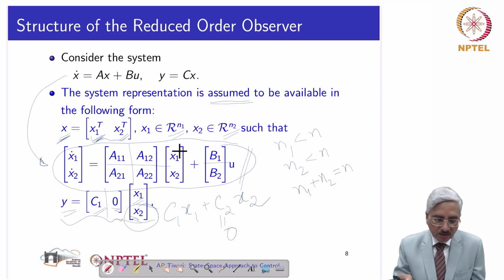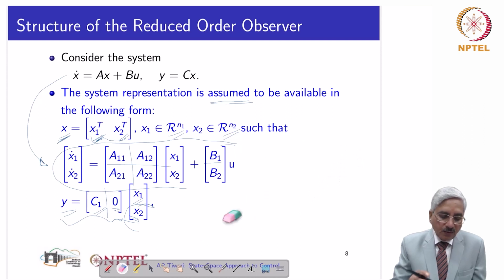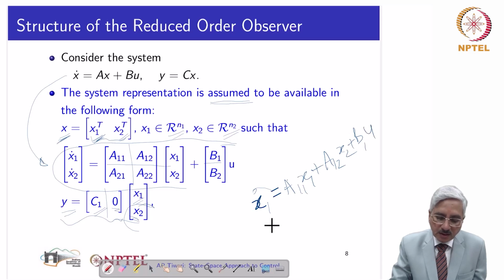So x1 dot is A11 x1 plus A12 x2 plus B1 u, and similarly x2 dot is A21 x1 plus A22 x2 plus B2 u.